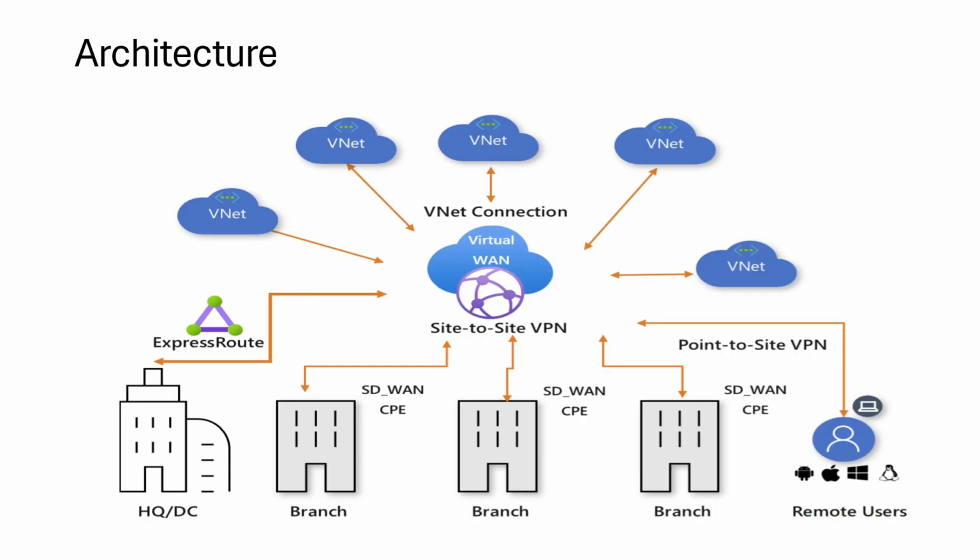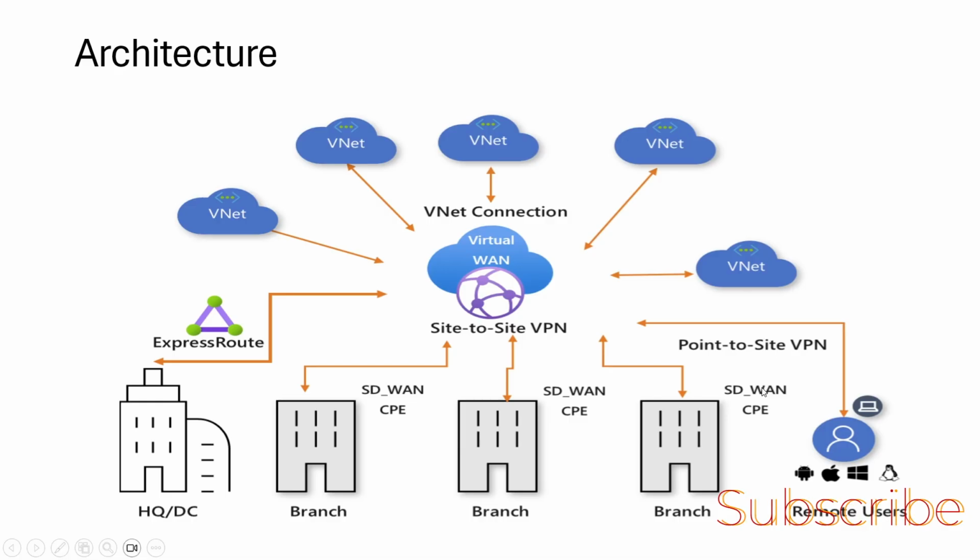At the bottom of the diagram, you see branch offices connected through site-to-site VPN or SD-WAN devices. Each branch becomes part of the same global network. Instead of creating separate tunnels between every location, Azure centralizes all routing through a Virtual WAN hub.